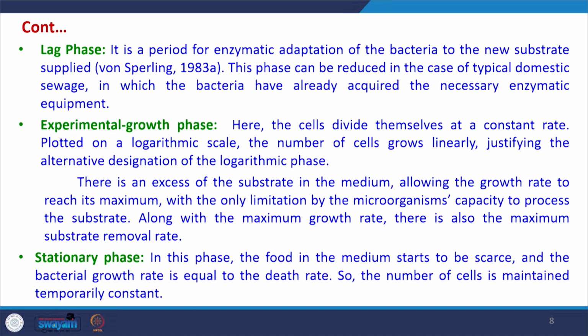Now, after this exponential growth phase, we have the stationary phase. In this phase the food in the medium starts to decrease and become scarce, and the bacterial growth rate becomes equal to the death rate, so the number of cells in this phase virtually remains constant. After the stationary phase we have the decline or decay phase.